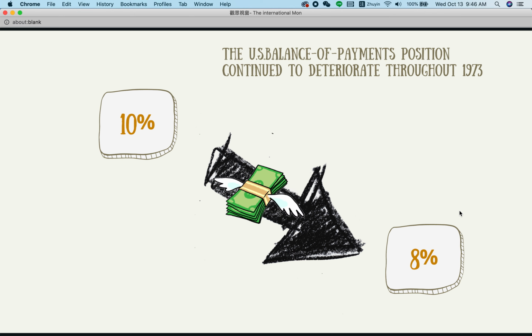Since March 1973, exchange rates have become much more volatile and less predictable than they were between 1945 and 1973. This volatility has been particularly due to a number of shifts in the monetary system.